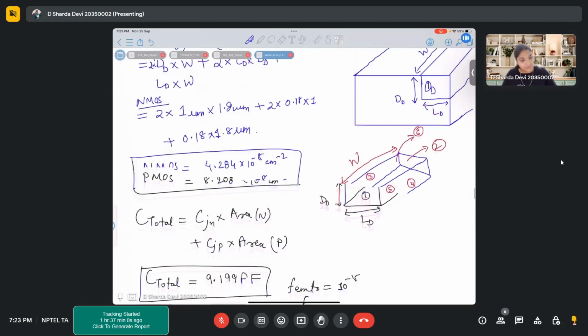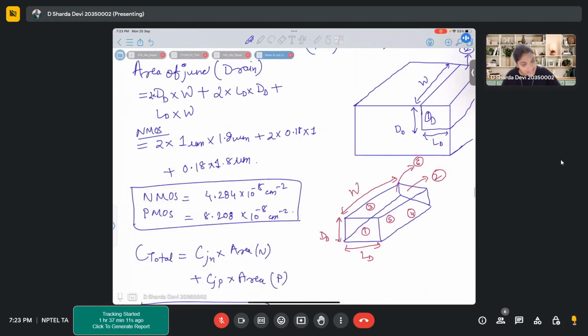how would you show your overlap capacitances? Let's say your gate is like from here to here, okay? So this is your gate oxide. This region is your overlap region, which will give you your overlap capacitance.